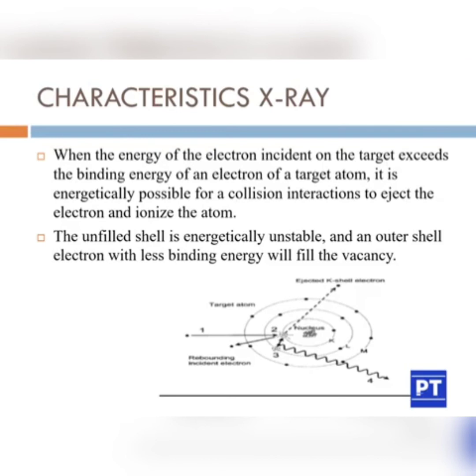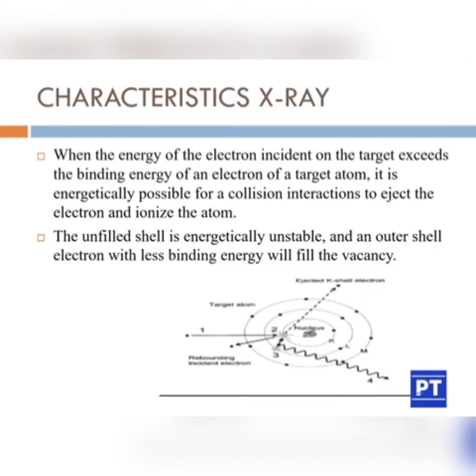So the electron coming from the filament should have that much energy to overcome the binding energy of the electron of the target material, and it will be interacting with the K shell electron and kicking out that electron from the K shell, and the K shell has two electrons. So the ejected K shell electron you can see in the figure.